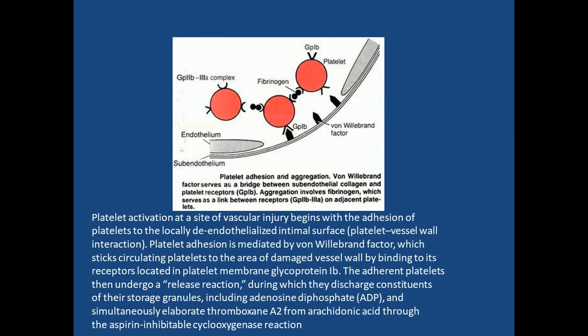This diagram shows the process of platelet adhesion and platelet aggregation. The exposure of the subendothelium will expose the subendothelial von Willebrand factor. The von Willebrand factor will bind platelets via glycoprotein receptor 1b.